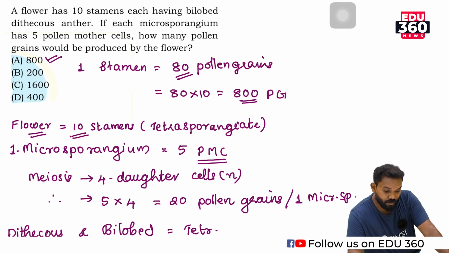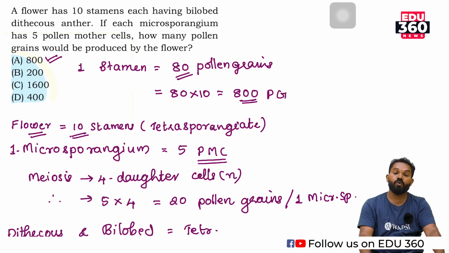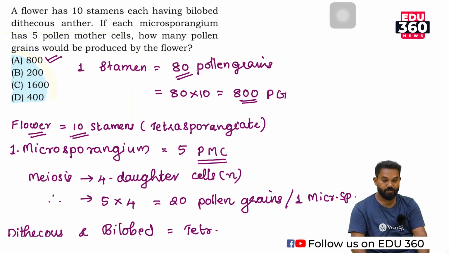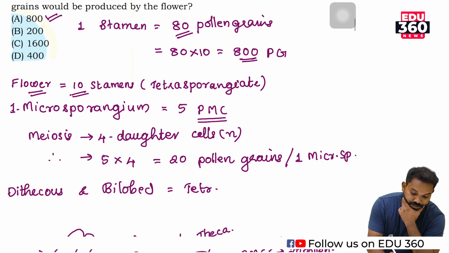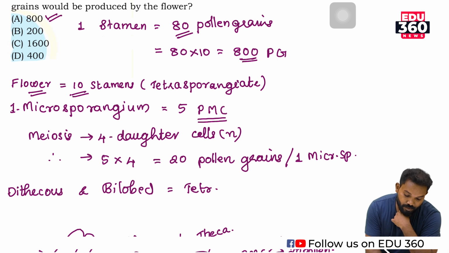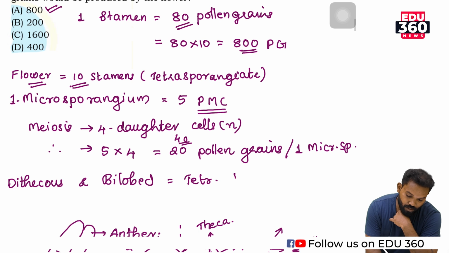If a flower has 10 stamens, they are tetrasporangiate, and each sporangium contains 10 pollen mother cells, then there are 40 pollen grains from each sporangium and 160 pollen grains in one stamen, into 10 gives 1,600.